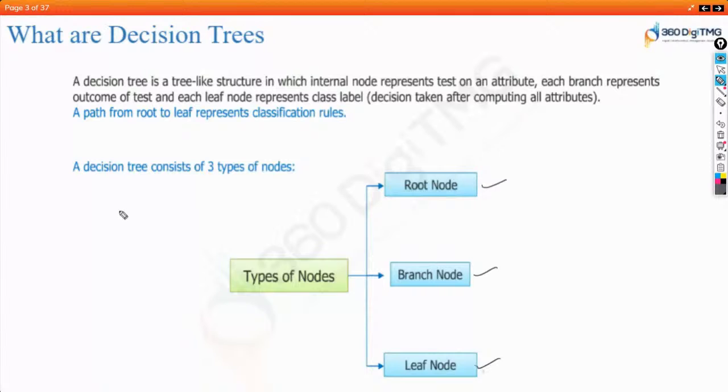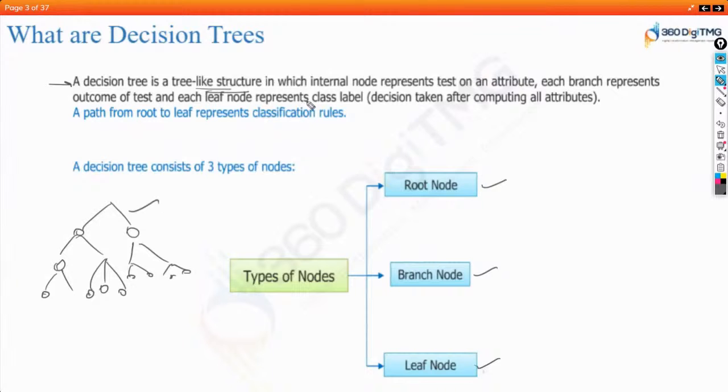It starts with a root node, and then we branch out the data by asking certain questions, and we try to branch out till we end up getting the final output. So a decision tree is a tree-like structure.